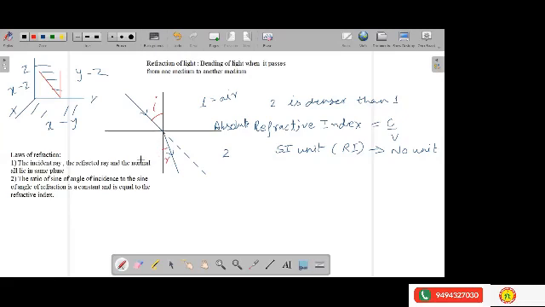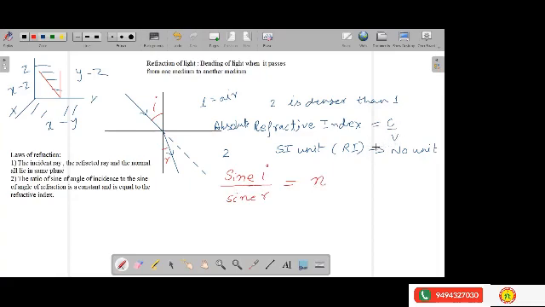Now, as per the second rule, sine of I over sine of R is a constant, and this constant is nothing but equal to the refractive index, which we even calculate by the C by V method.